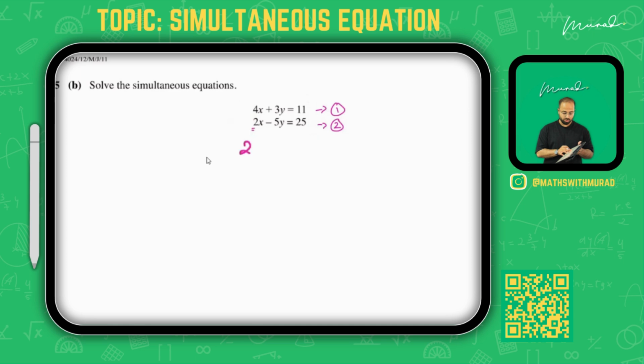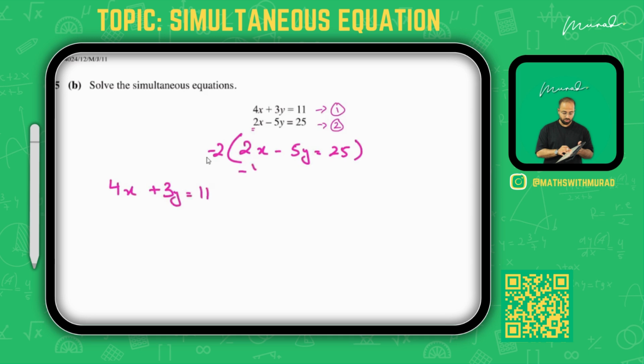So what will I do? I'll multiply my equation 2 by -2. Now why am I multiplying it with -2? Because I want to create a negative over here. So now I'm writing my equation number 1: 4x plus 3y equals 11.